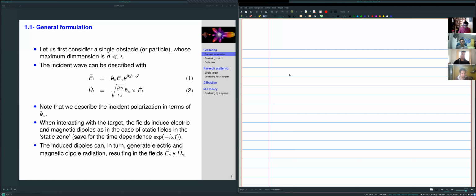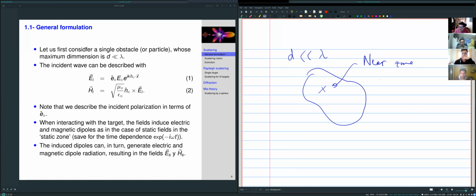If D, okay, so we saw this last time, if D is much less than lambda, okay, so here is our obstacle, any point inside the obstacle will be in the near zone, where all fields have the same time dependence.